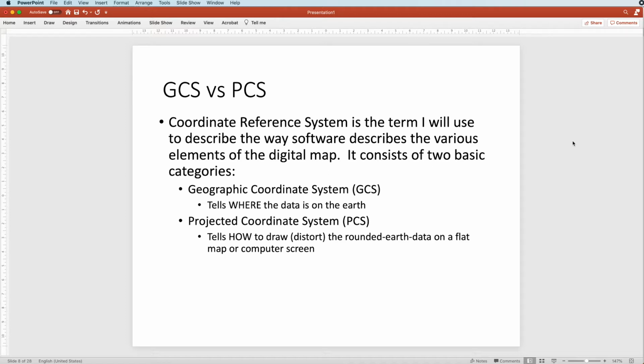Typically they are used together to describe the way the map is drawn and where things are on the map. The geographic coordinate system itself specifically is designed to tell where the data is on the Earth, and the projected coordinate system is used to describe how to distort the map in order to make it look good on a 2D piece of paper or on a digital display.